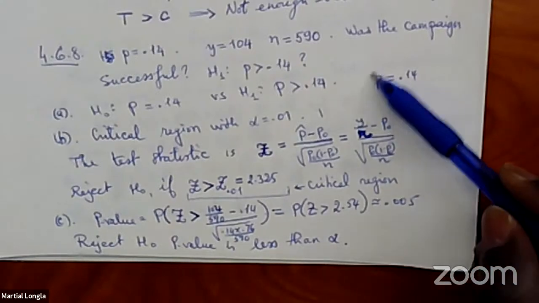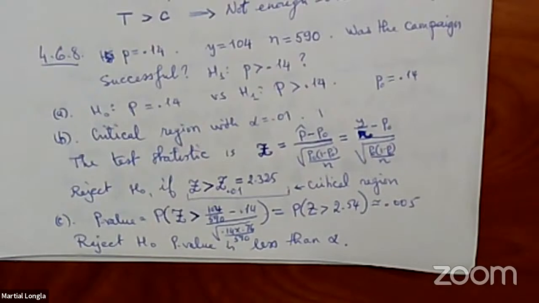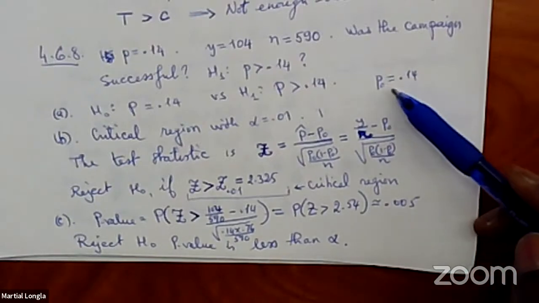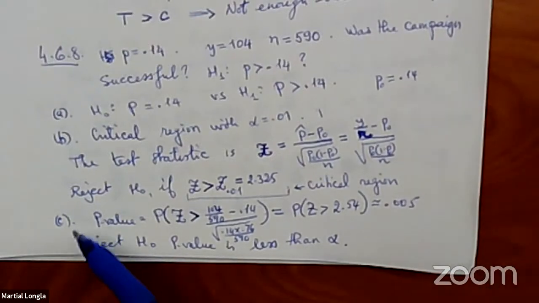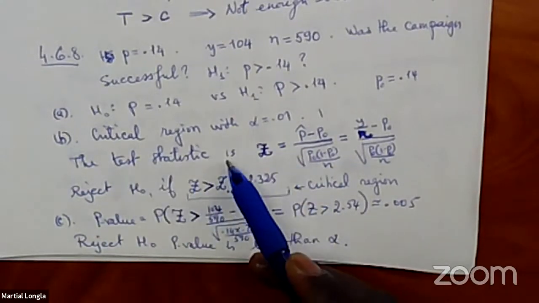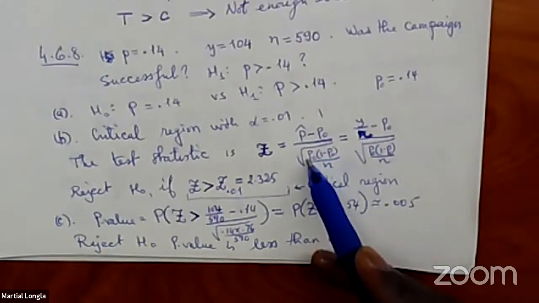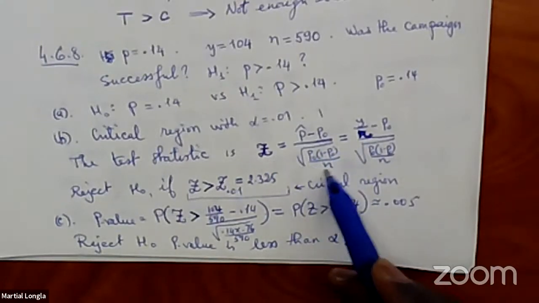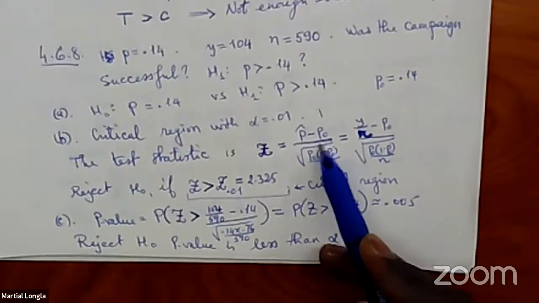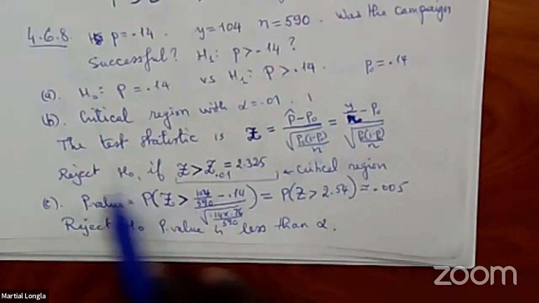Therefore, in what you have in your book, P0, that's the value you're testing against, that's 0.14. And your critical region needs to use a Z statistic because here you're testing for a concrete value. So you're using not an estimate here, but the value you're testing for under H0, P0.